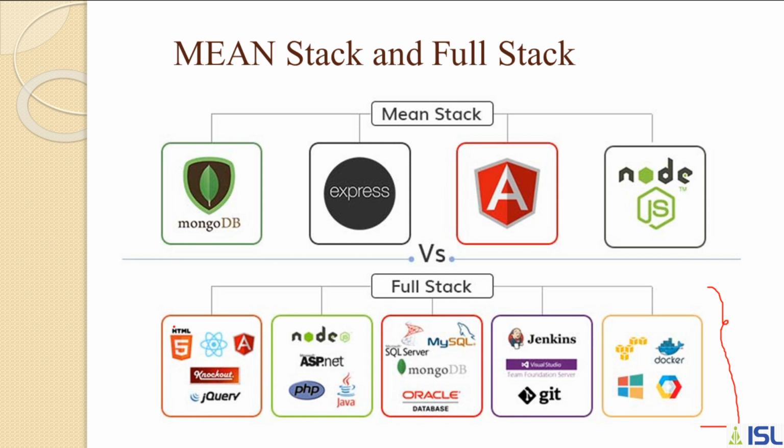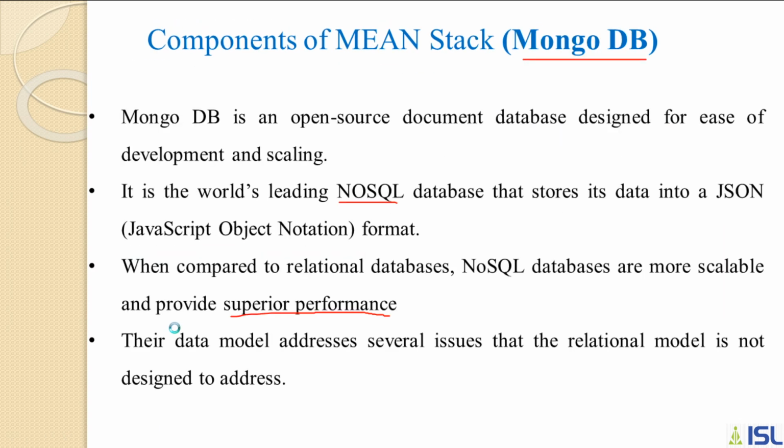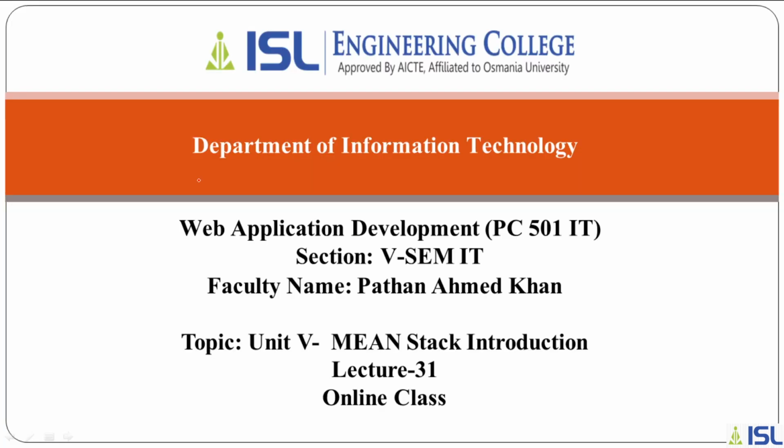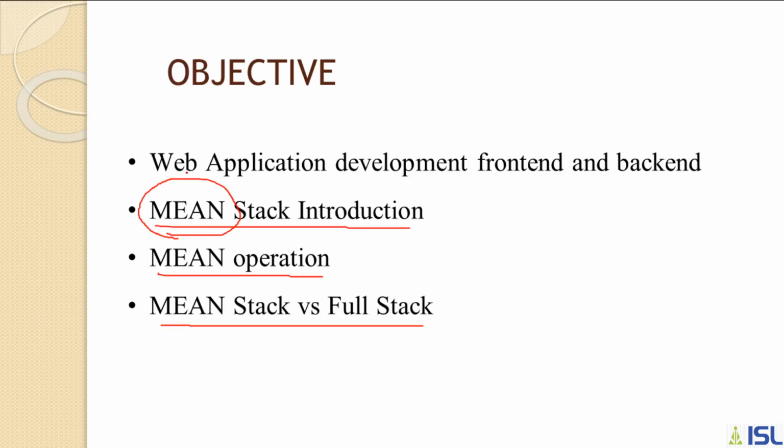Okay, so this is about today's class. What have we seen today? Today we saw the front end and the back end. We saw the MEAN stack introduction, the abbreviation of MEAN: MongoDB, Express, AngularJS, and Node.js.